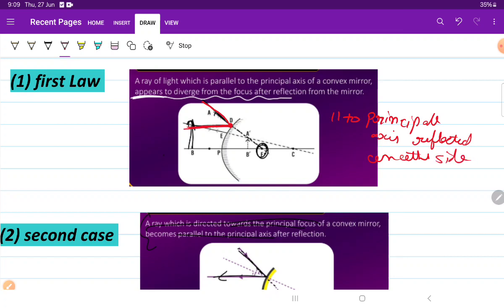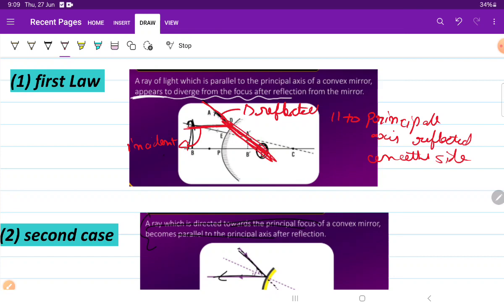But if you join the incident ray and the reflected ray, this is the incident and this is the reflected. If you make an imaginary line of the reflected ray, it will cut the focus.